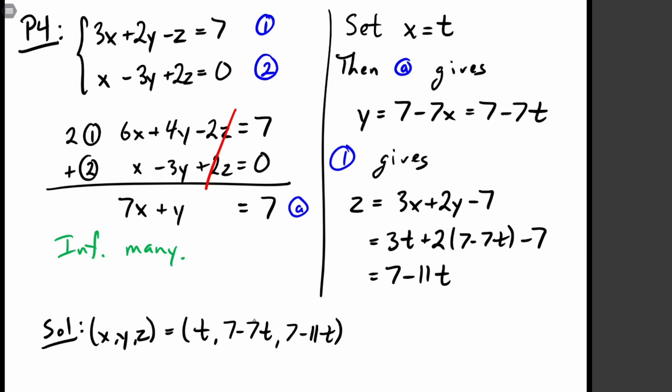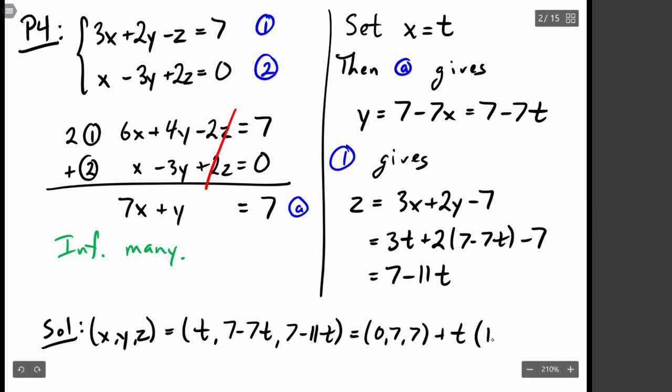So we're going to separate out the constant and parameter terms. So the constant term is (0, 7, 7) plus t times the parameter terms, (1, -7, -11). And there's our solution.